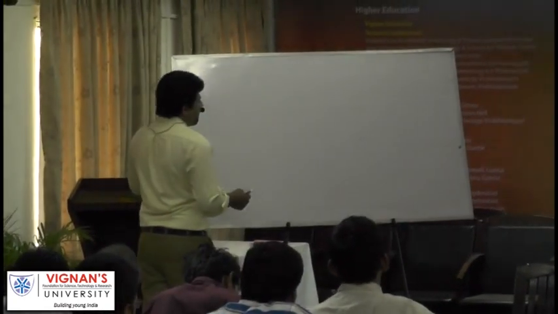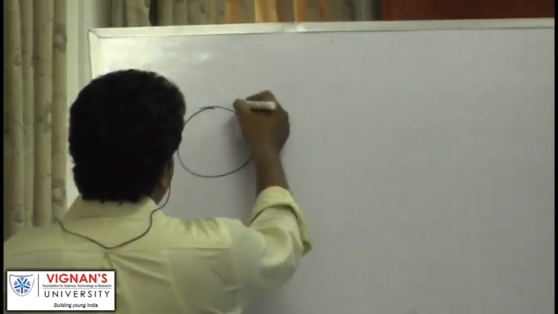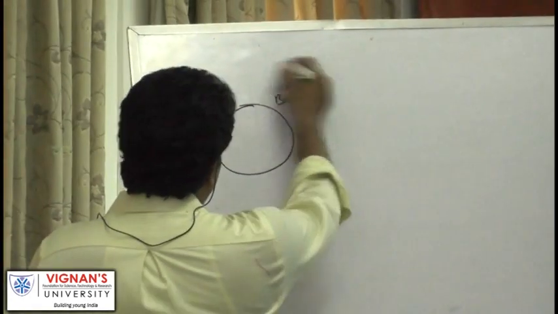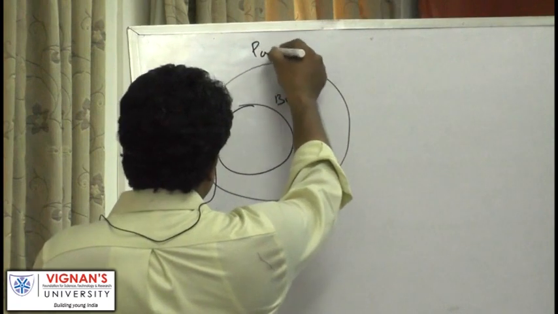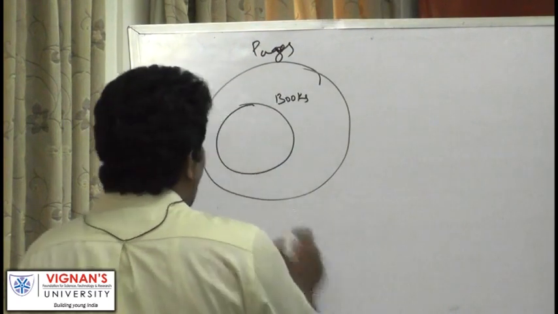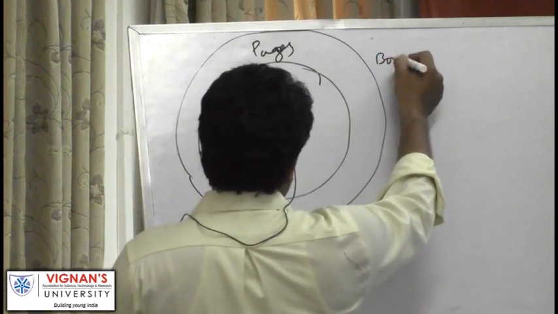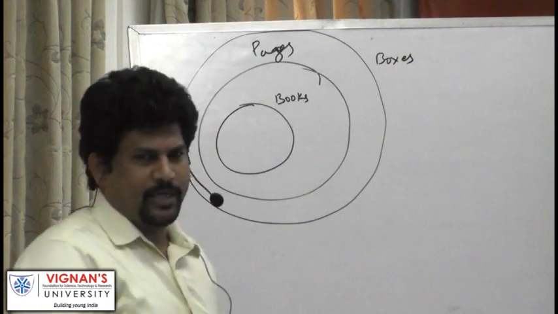Let us draw the basic diagram. All books are pages. What is the next one? All pages are boxes.